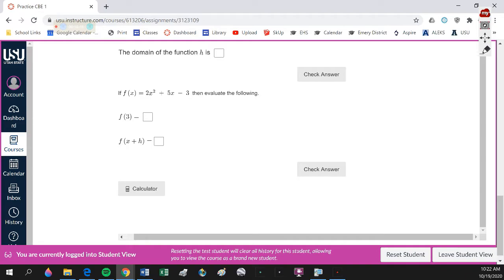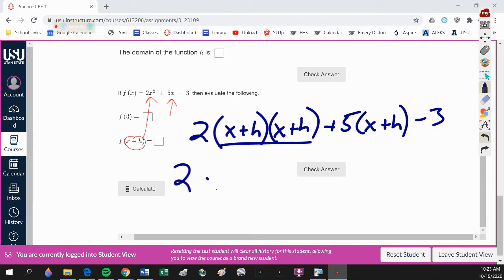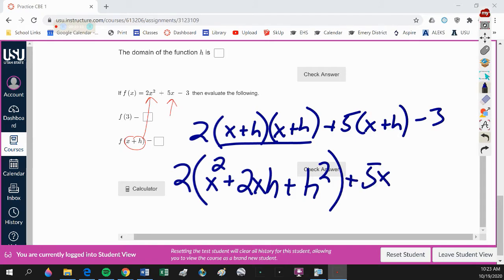And then let's find f of x plus h. So I take x plus h and I stick it in there and in there. So 2 times x plus h squared plus 5 times x plus h minus 3. Hopefully you can do this in your head. X squared plus 2 copies of xh plus h squared, 5x plus 5h minus 3.